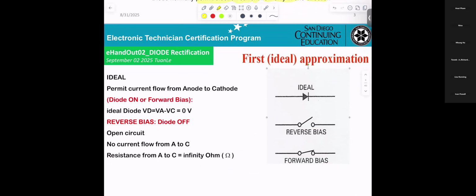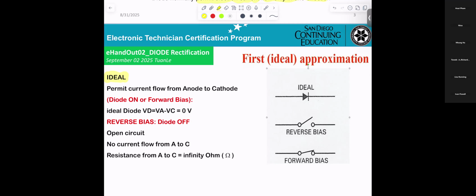Okay. For the diode, first thing, ideal. Never happens. However, you need to know. Ideal permits current flow from anode to cathode, diode on or forward bias. Either way, you can say diode on. That means current flows anode to cathode. That is forward bias.